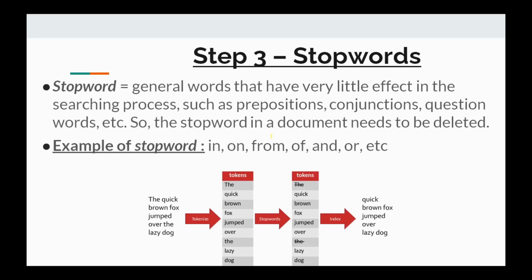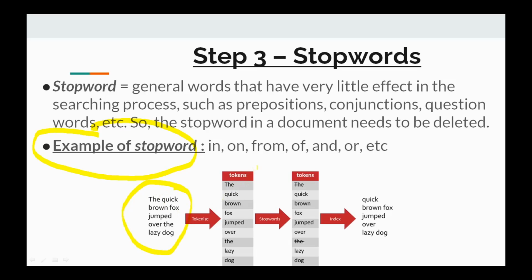How to determine the list of stop words? It depends on the case being done. For example, in this PPT, examples of stop words are in, on, from, of, and, or, and etc. For example, we have this sentence: the quick brown fox jump over the lazy dog.